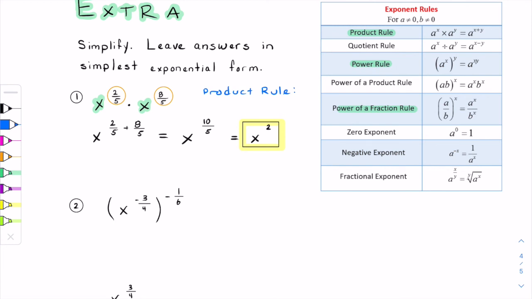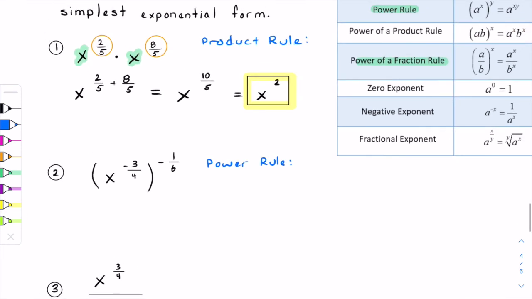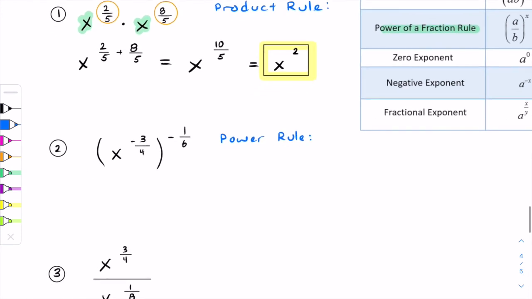For number 2, we have x raised to the power of negative 3 over 4 raised to the power of negative 1 over 6. And this is going to be the power rule. So when we are using the power rule, that tells us that you can multiply your exponents.